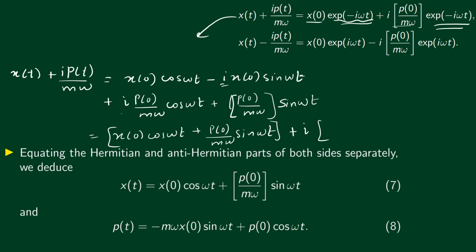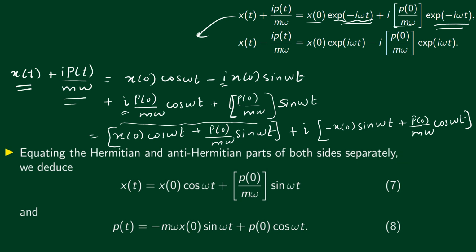Okay, so we can pull that i outside from here and here, and we get i multiplying minus x of 0 sine omega t plus p of 0 divided by m omega cos omega t. All right. Now here we have one Hermitian operator and an anti-Hermitian operator. Whatever is inside this bracket is Hermitian, but when you multiply it with i, it becomes an anti-Hermitian operator.